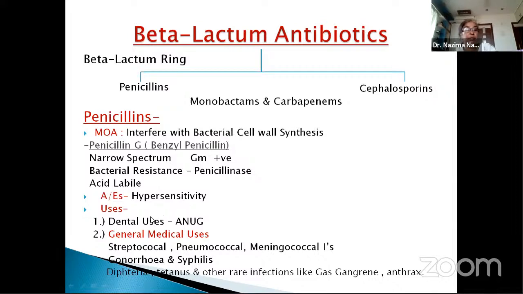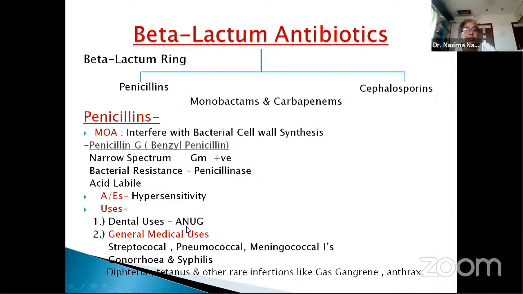Coming to the uses, it can be used in dentistry for the treatment of acute necrotizing ulcerative gingivitis. However, because other drugs are there, penicillin G is not preferred for this condition.